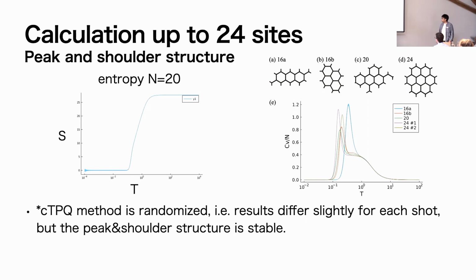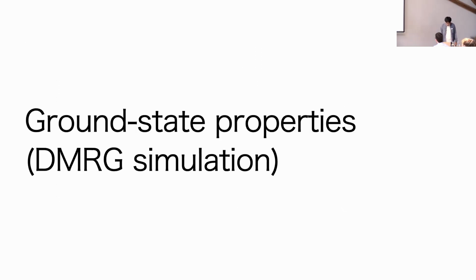So maybe the ground state is more like gapped rather than gapless. And in that sense, we have to investigate the ground state of this model again with a different method than before. So I newly did the DMRG calculation for the ground state.